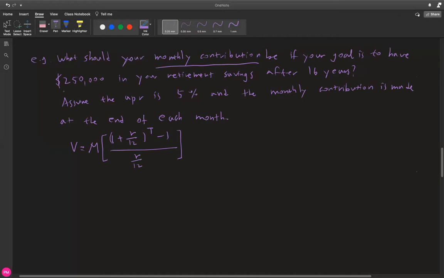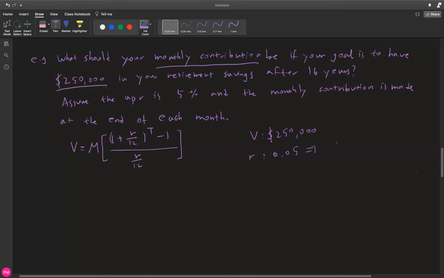So here, we already have a goal value of the retirement. So we know that in this problem the V is already given as $250,000. Here we know that the APR is given as 5%, so it's 0.05.